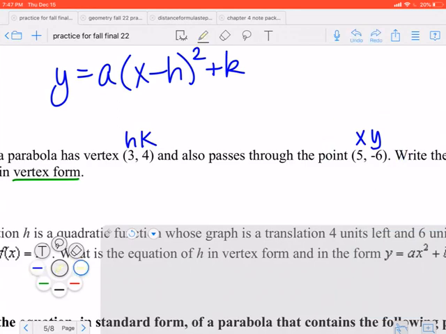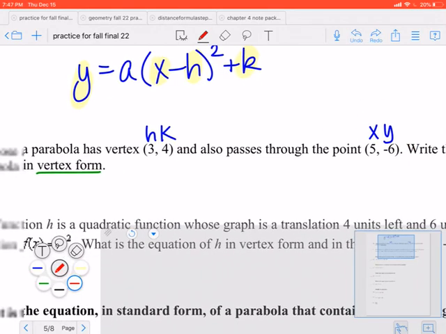Then we will have plugged in the x, the y, the h and the k, and that will enable us to find the a. Because those are the three things we need to write the equation: h, k, and a. We know h and k, we just need to find a. So that's where we use that point in order to find it.